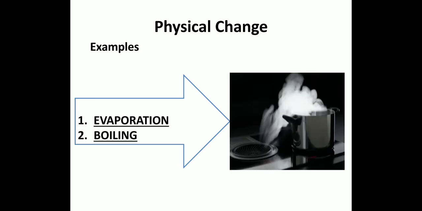In another example, evaporation of water and boiling. Water changes from liquid state to vapors. Again, no new substance is formed. The chemical formula of liquid water and vapors is the same, that is H2O.